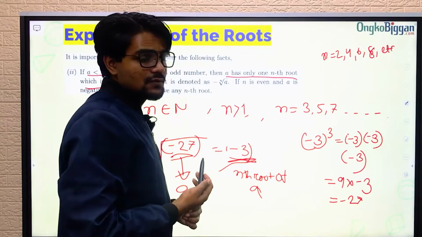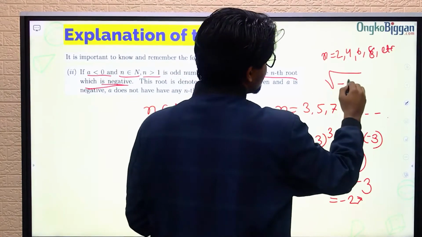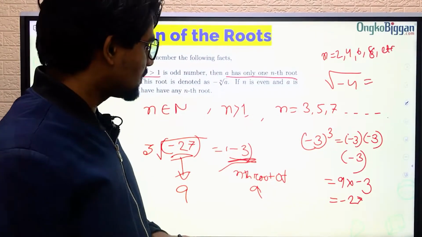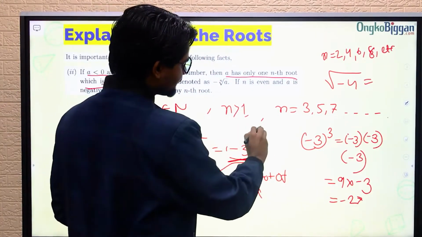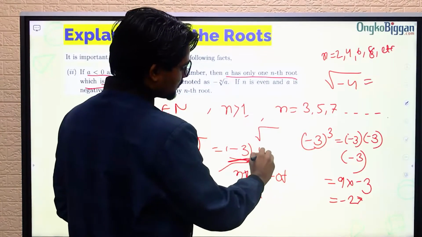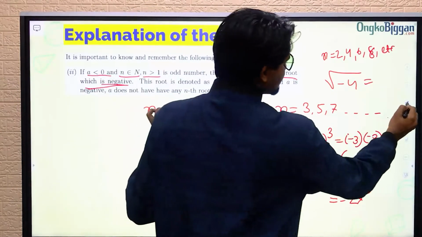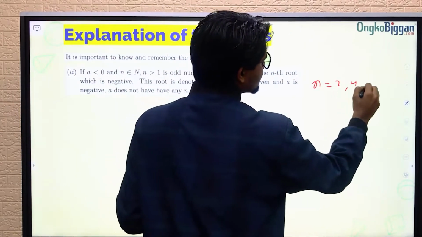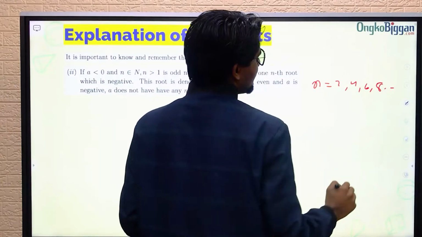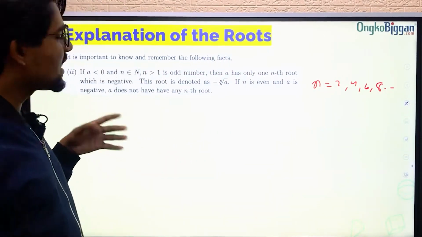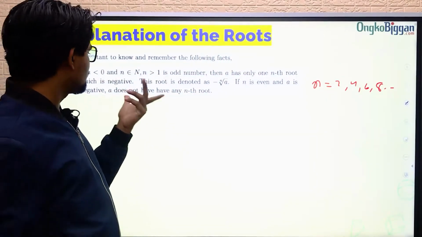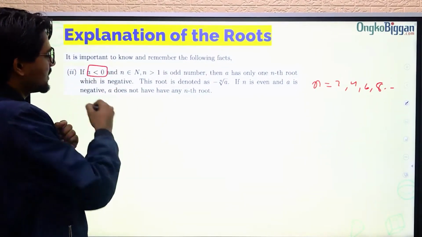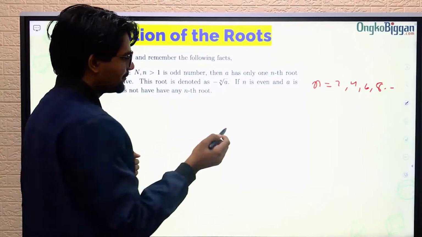Then a has no nth root, because the root of minus 4 is actually not possible. Let me clean up the board, it's getting messy. So if n is equal to 2, 4, 6, 8, there is no nth root of a if a is smaller than 0.